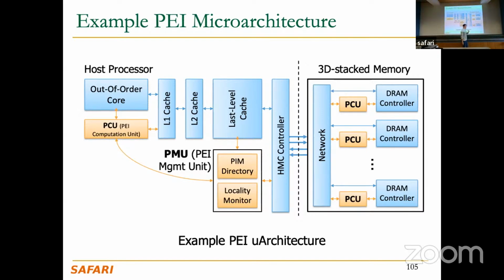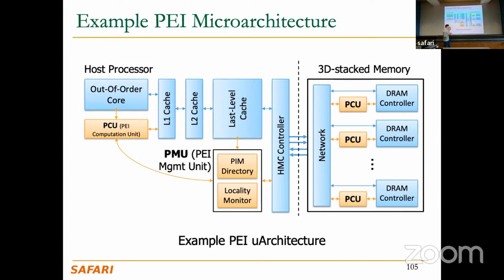These processing elements execute simple operations that we call PIM-enabled instructions, right? Remember as well that we have seen results for PIM-only execution, when the particular operation is always offloaded to the memory, and we have seen locality-aware execution, right?